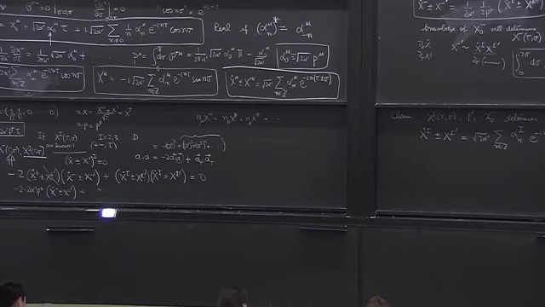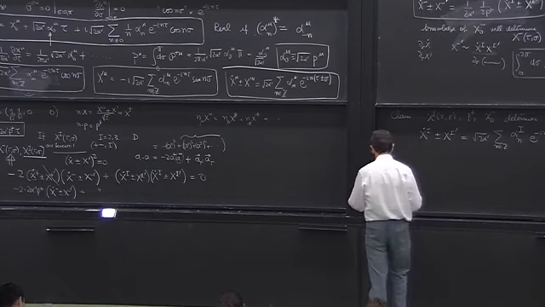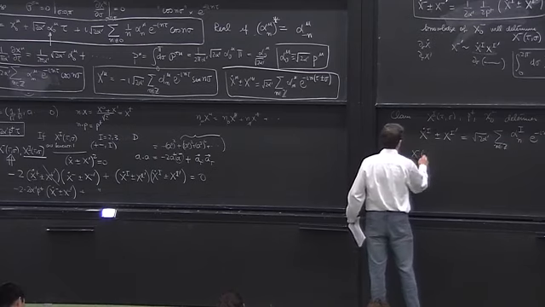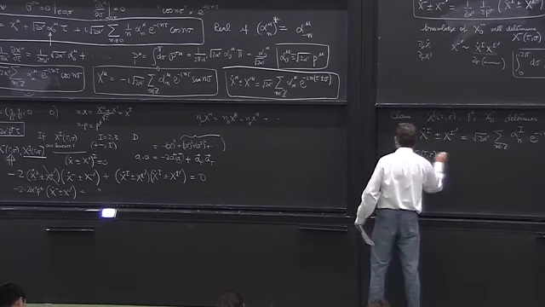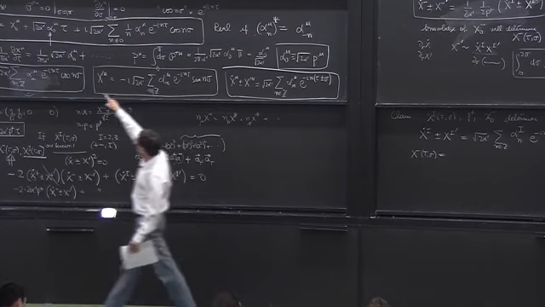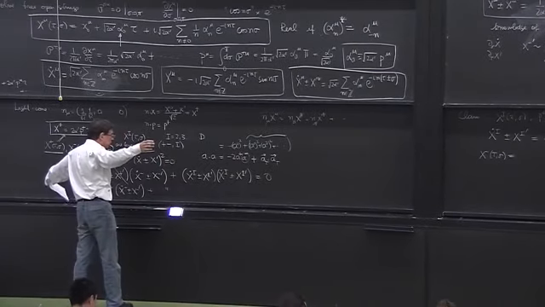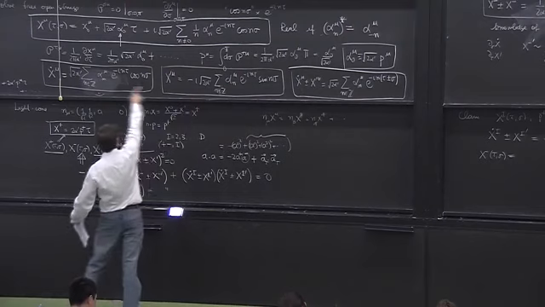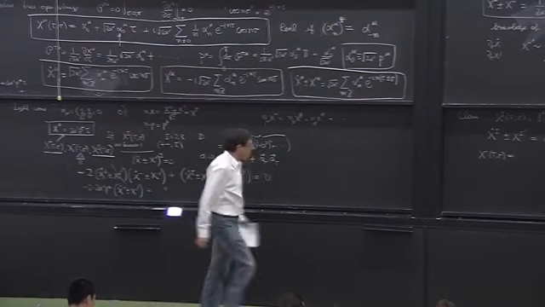Now, how about x minus? We want to figure out what x minus is. So, x minus of tau and sigma, given our general expansion. X minus is just another coordinate that needs to be solved. So, I will write it.